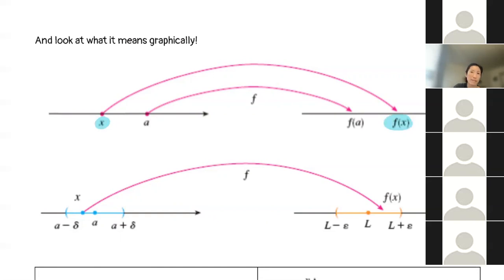If I plug x into a function, then the output is f of x. Well, what happens if I plug a into a function? I'm going to get f of a out. Right? If I plug b into a function, I'll get f of b. Earlier, we were looking at the intermediate value theorem. If we plugged in c, we would get f of c.